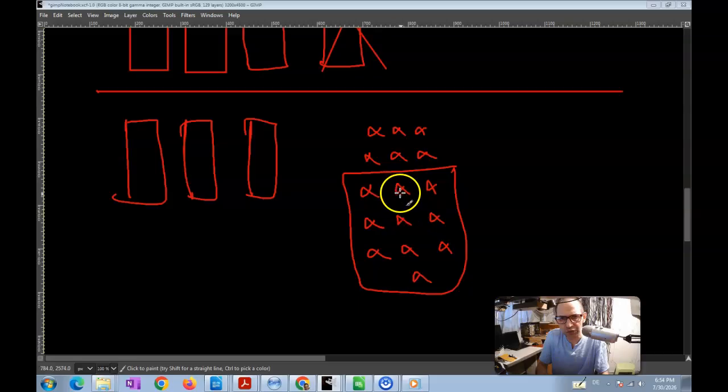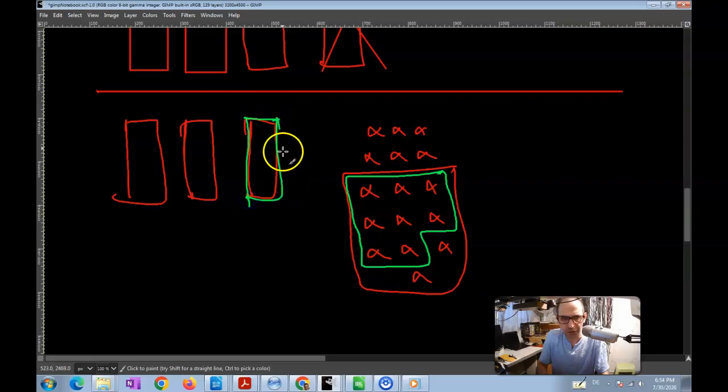I choose these flowers from here, and I choose this one from here. So that's a 10 and that's an 8, so that's an 18, and I give it away to my mom, right?